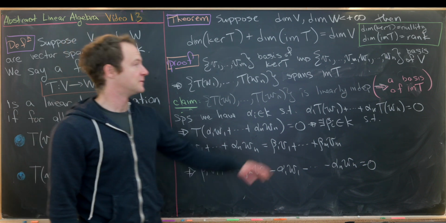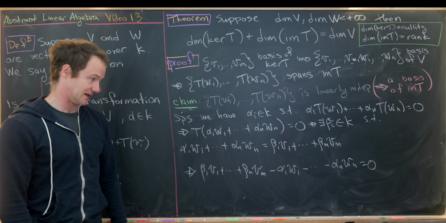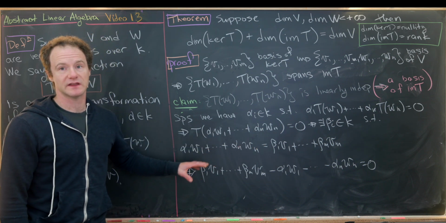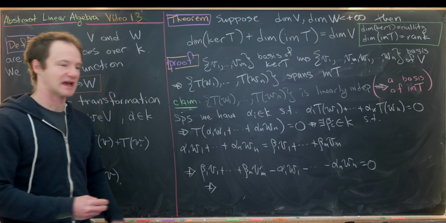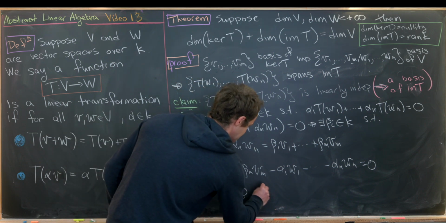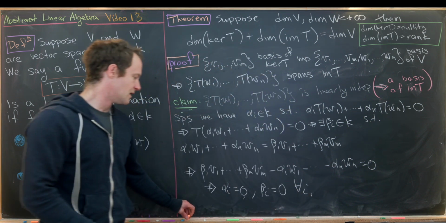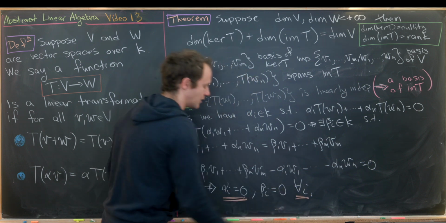equals 0. But since this is a basis of V, it's linearly independent. But if we've got an equation equals 0 of linearly independent vectors, that means all of the coefficients have to be 0. So that means alpha i equals 0 and beta i equals 0 for all i. The most important thing to notice is that the alpha i are equal to 0 for all i.